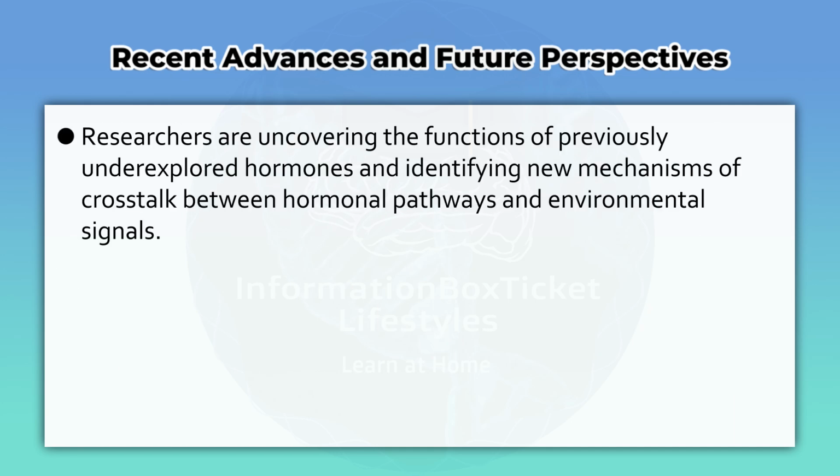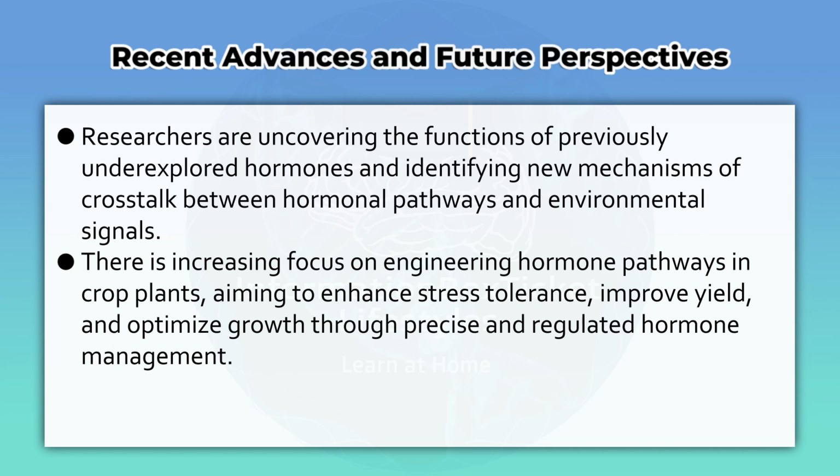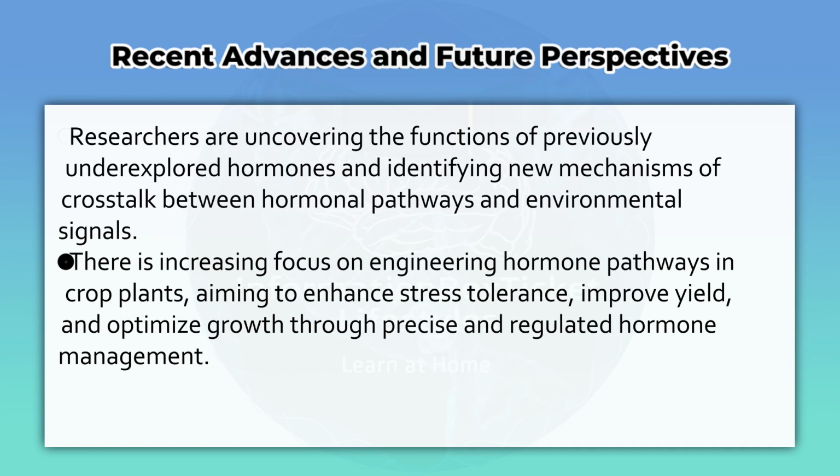Researchers are uncovering the functions of previously underexplored hormones and identifying new mechanisms of crosstalk between hormonal pathways and environmental signals. There is increasing focus on engineering hormone pathways in crop plants, aiming to enhance stress tolerance, improve yield, and optimize growth through precise and regulated hormone management.